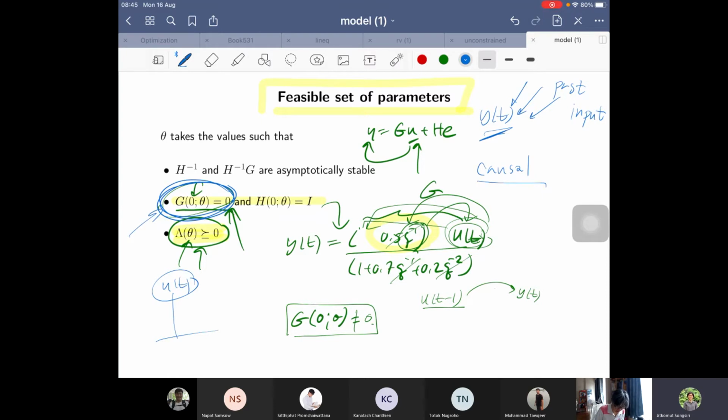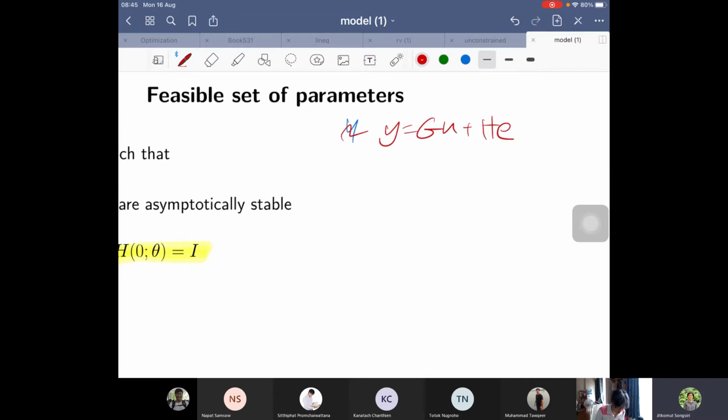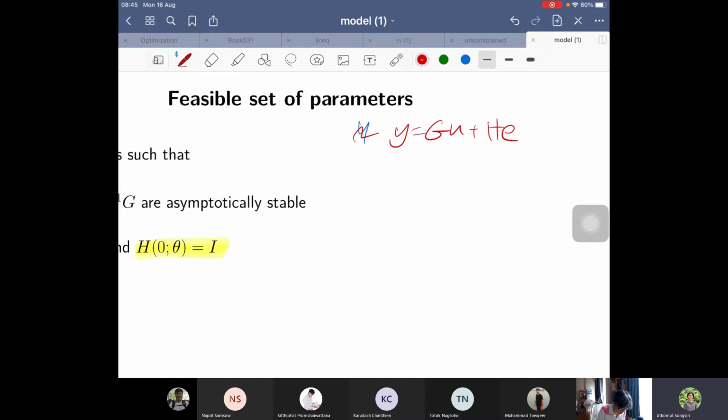And the second condition, H of 0 equals I. Let me mention again that our model structure is y equals G u plus H e. Our H is a matrix that multiplies e. This is a matter of normalization.